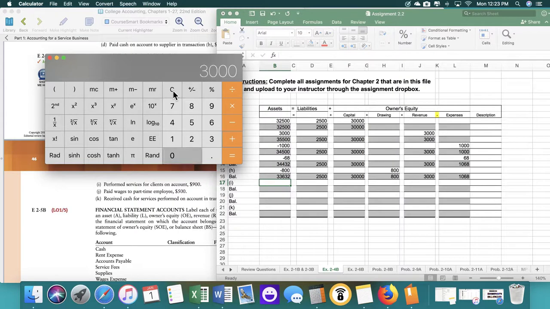Plus 30,000 plus 800 plus 3,000 minus 1,068. Okay, so we still have a difference. So first way to try it is subtract the two amounts. So it's a $1,600 difference.